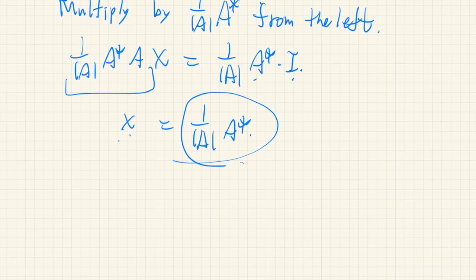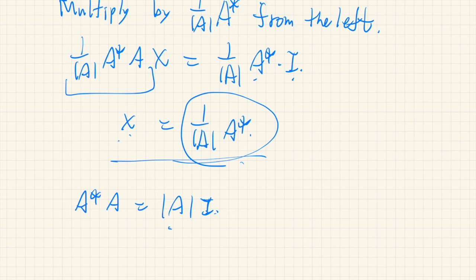Now let's multiply this X to A from the left. We already showed from part 1 that A adjugate times A is not I, but the determinant of A times the identity matrix.